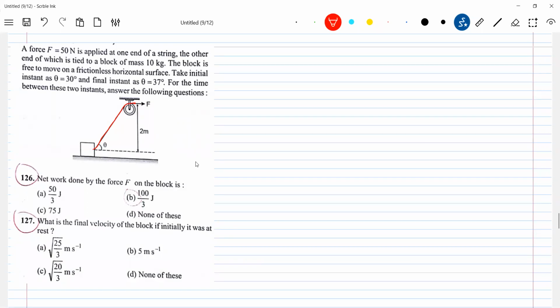The diagram is like this. So what is actually the situation? We'll explore what is actually going on. There's a pulley. So initially the block will be somewhere here.